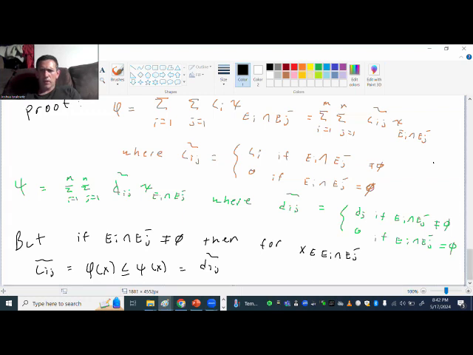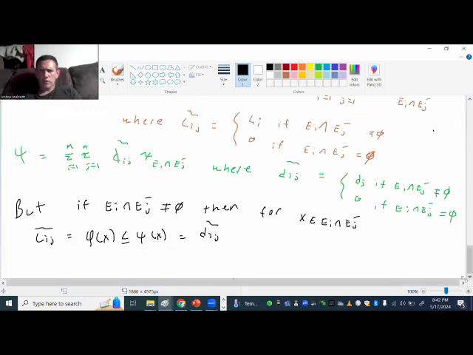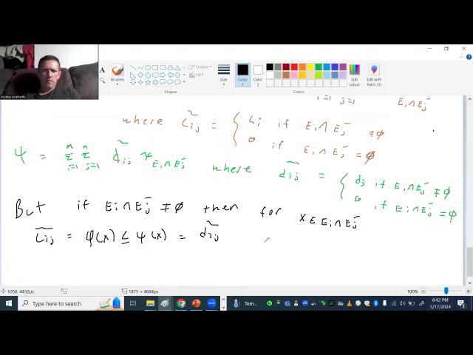All right, well, the other case is trivial. If this is empty, then the same thing is true because they're both equal.